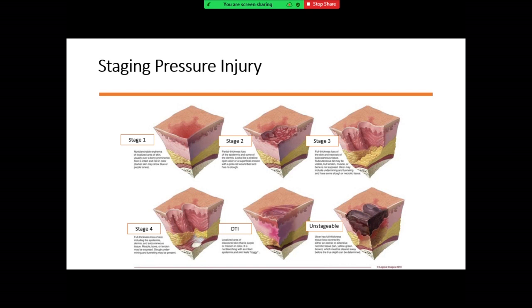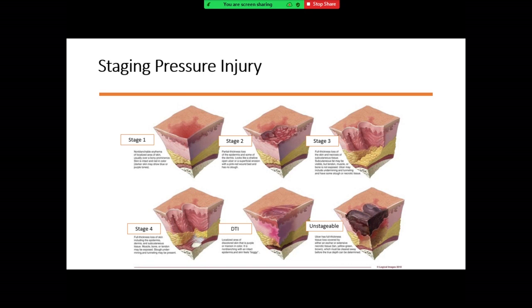Okay, so last 2. Deep tissue injury. This is a bruise-like appearance over a bony prominence. It can also be a blood-filled blister because you cannot see the base. But usually the skin is intact or that blistered appearance.